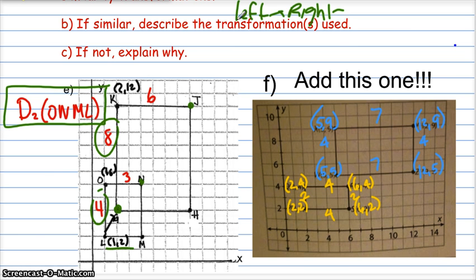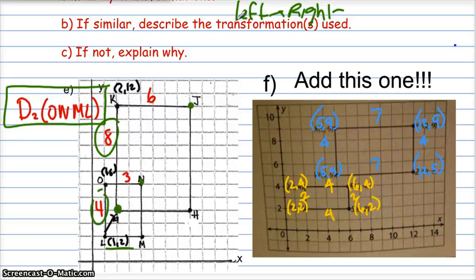Lastly, for letter F, I know you don't have this one. Draw it if you'd like, but at least listen. We have 2 rectangles, and I found that the lengths of the long sides were 7 and the lengths of the short sides were 4. Then for the one down there in yellow, the side lengths ended up being 4 for the long and the shorts have a length of 2.